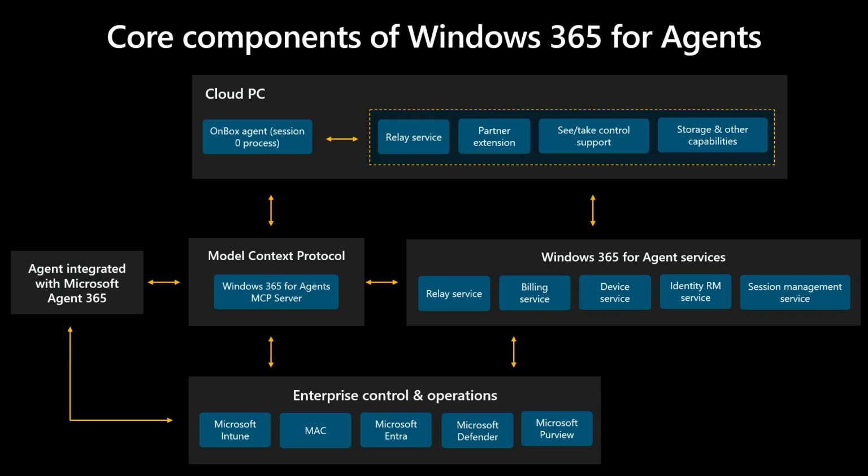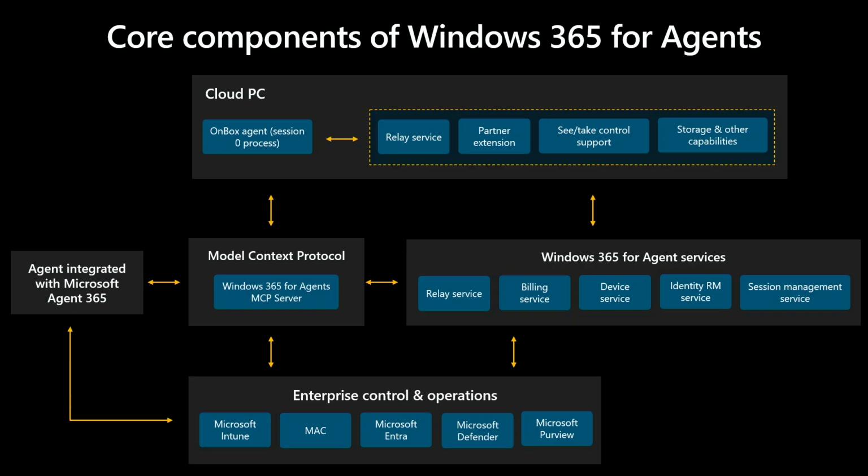Third, it is enterprise control and operations that you know already. Cloud PC pools are managed in Intune, identity goes through Entra agentic identity, policies, compliance, conditional access, it all just works. There's nothing new for IT to learn. They manage agent cloud PCs the same way that they manage user cloud PCs. And all of this sits within Agent 365.